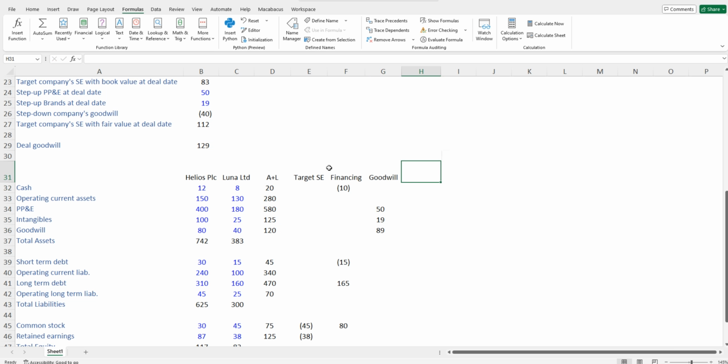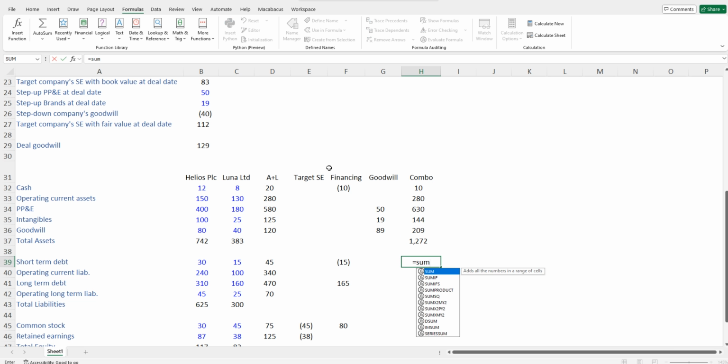The next step is the combined, or consolidated, balance sheet. This is the last step we need to do. We consolidate them together, which is why I call it combo. All we need to do is sum up these four things, and there will be the total assets.